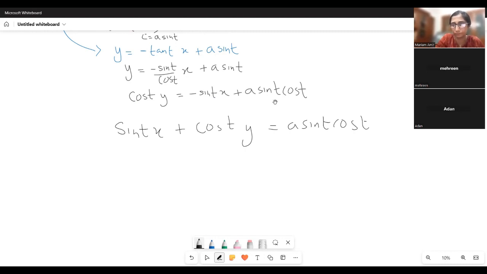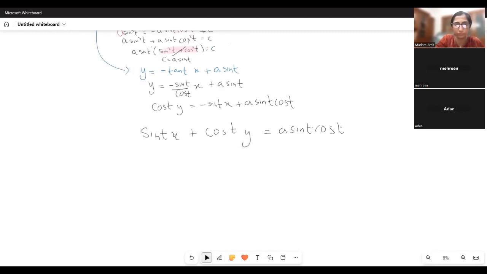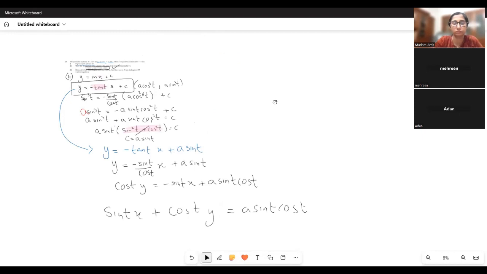So shown. So we just used y is equals to mx plus c, but with a lot of trigonometry in it. So this is coordinate geometry plus trigonometry.